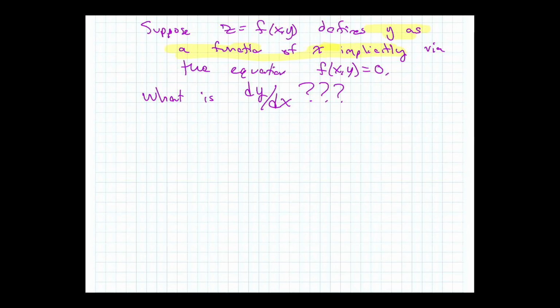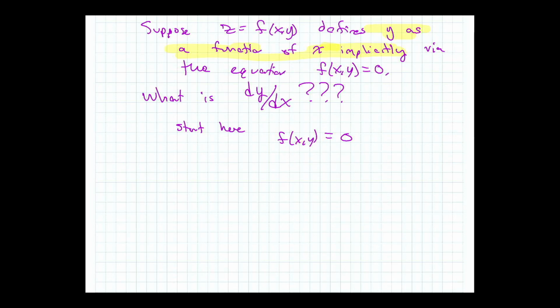We don't have a lot of good places to get started. So let's start with f of x,y equals 0. You have to do that. You can't start with z equals f of x,y because, again, that doesn't actually define y as a function of x because of the z involved. But if you put a 0 in for z, now everything's x or y.